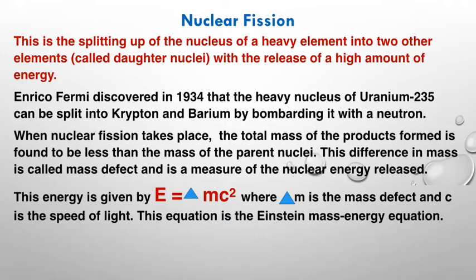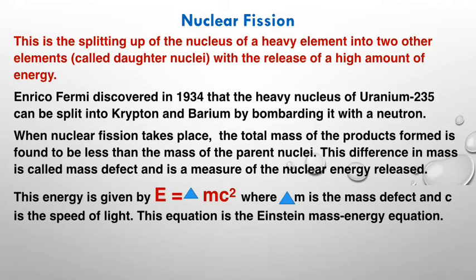So you have an element that is heavy, like uranium, much heavy. Uranium-235, atomic mass 235, that is quite a lot. Now, in a nuclear fission process, this uranium can be split into krypton and barium, which have less atomic masses. This also releases a very high amount of energy.